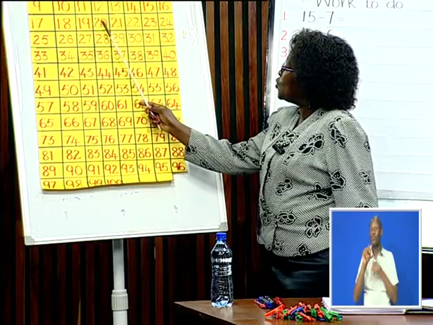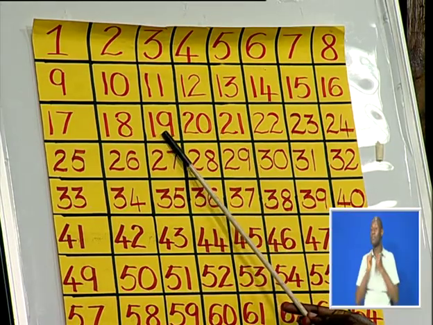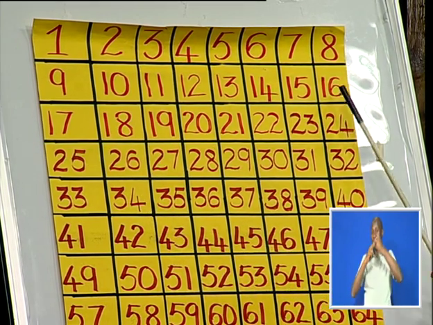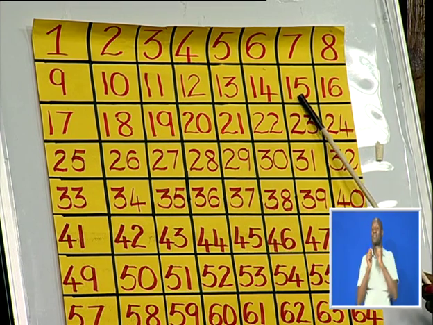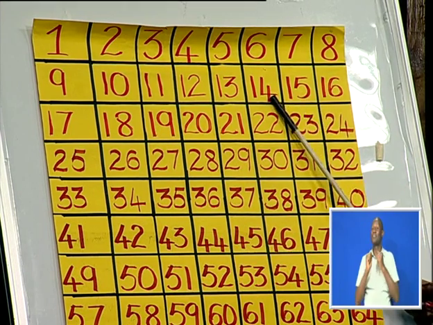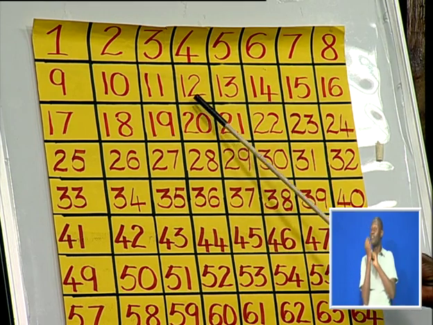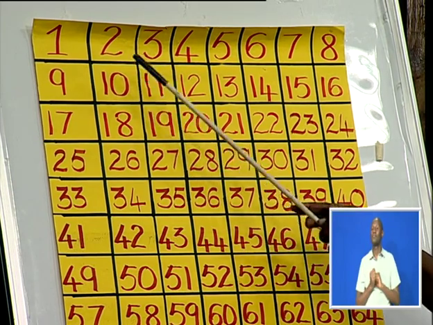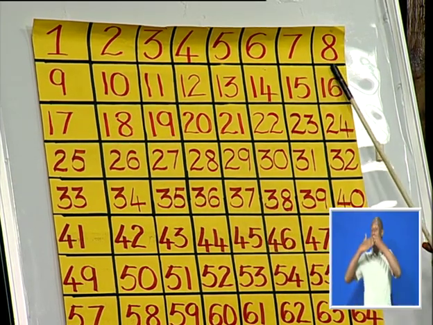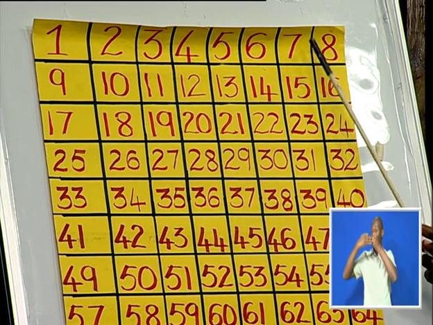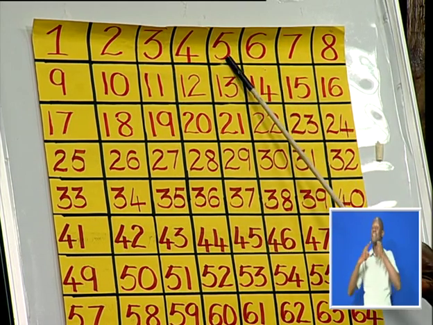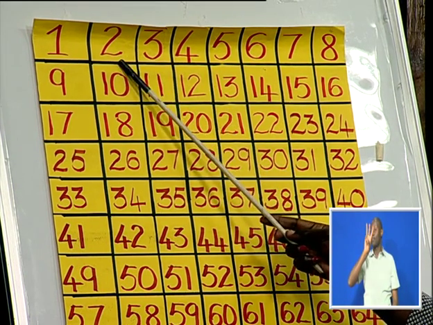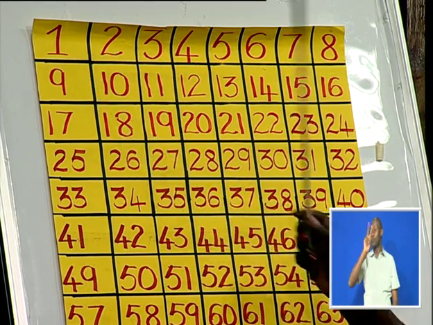I start from 20, 19, 18, 17, 16, 15, 14, 13, 12, 11, 10, 9, 8, 7, 6, 5, 4, 3, 2, 1.